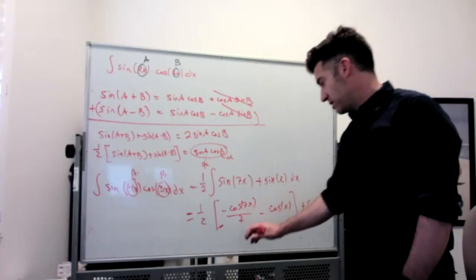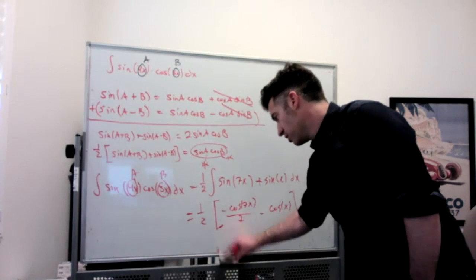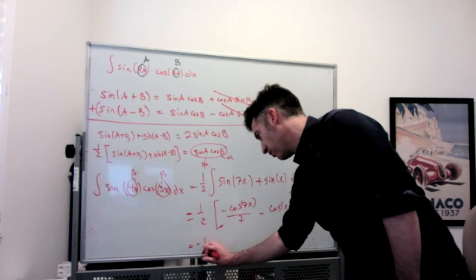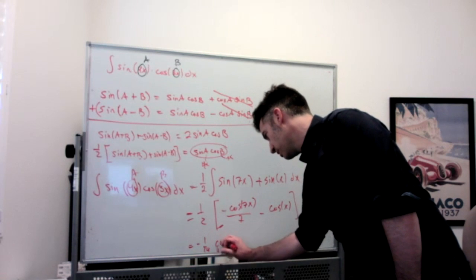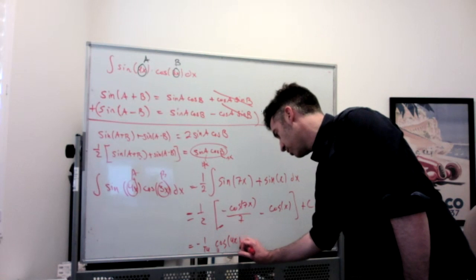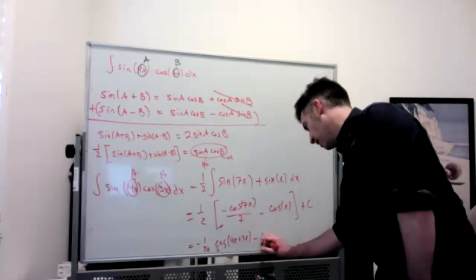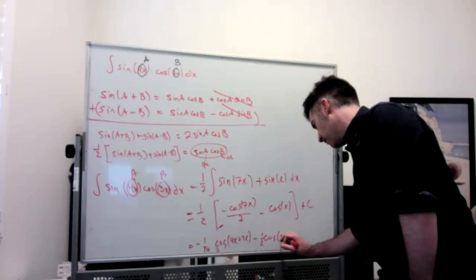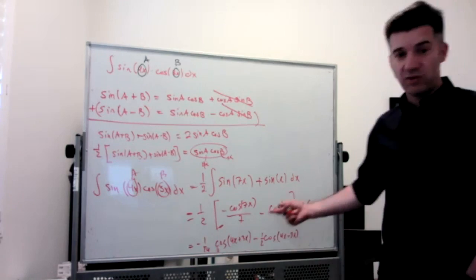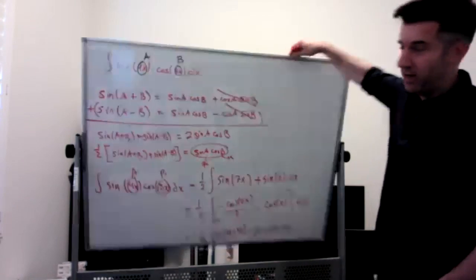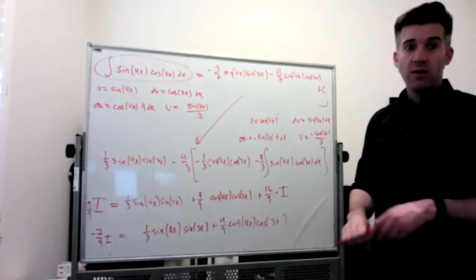So you would write this as negative 1/14 times cosine of 4x plus 3x minus 1/2 cosine of 4x minus 3x. And then there's trig identities for that, which would get you back to this. It's a giant pain in the butt.